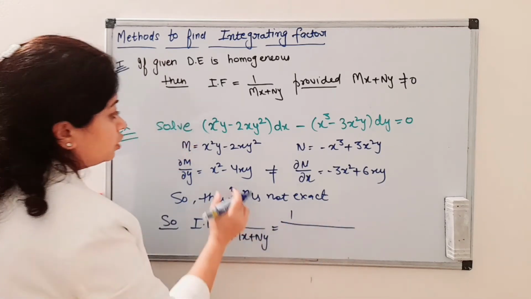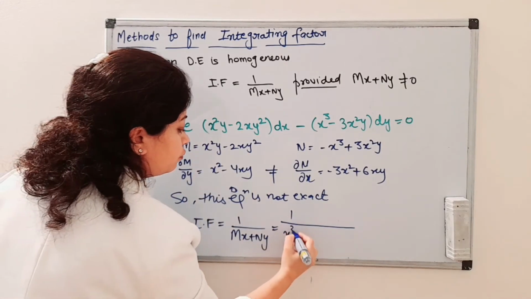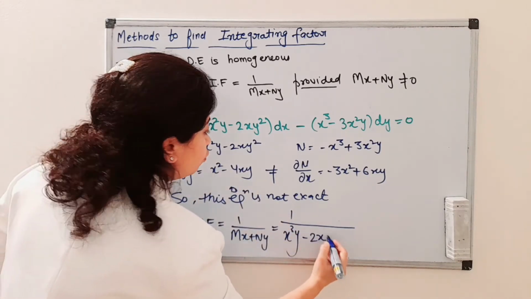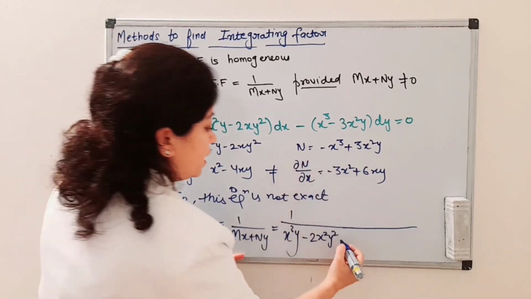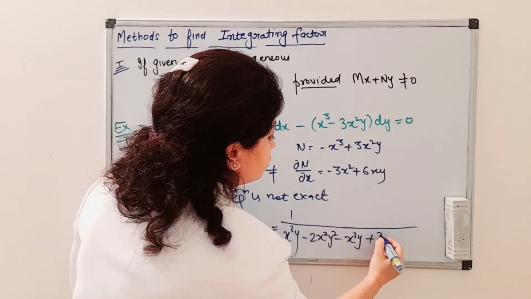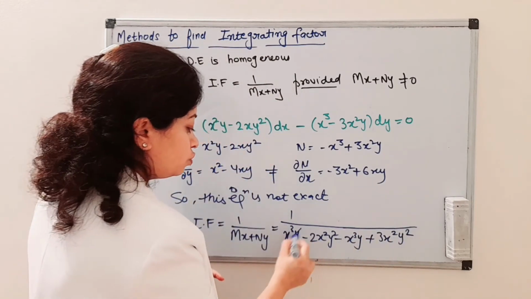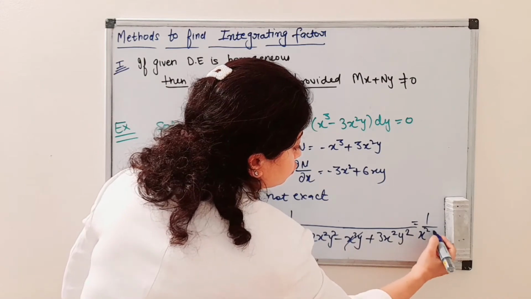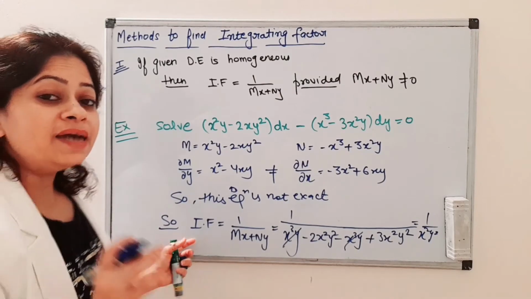That means we will find Mx: x cube y minus 2x square y square, plus Ny: minus x cube y, we are multiplying with y, plus 3x square y square. Okay, so this cancels out and we get 1 upon x square y square. So the integrating factor is 1 upon x square y square.